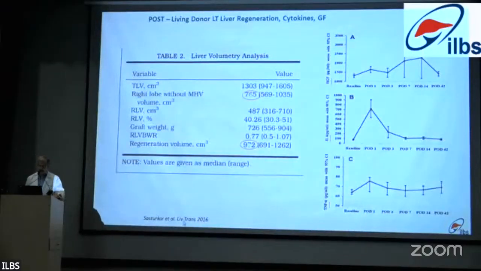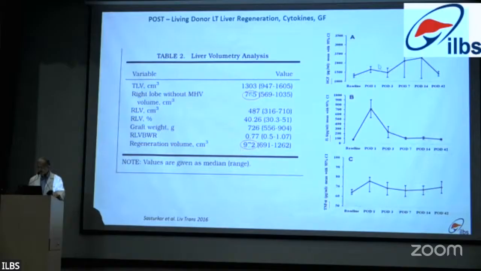This work was done by our colleague Sridhar in his MCh thesis, very interesting, and I want to highlight this part. In hepatectomy, right lobe without MHV, this much volume is taken out. Correct me, Sridhar. And the regenerated volume was this much.